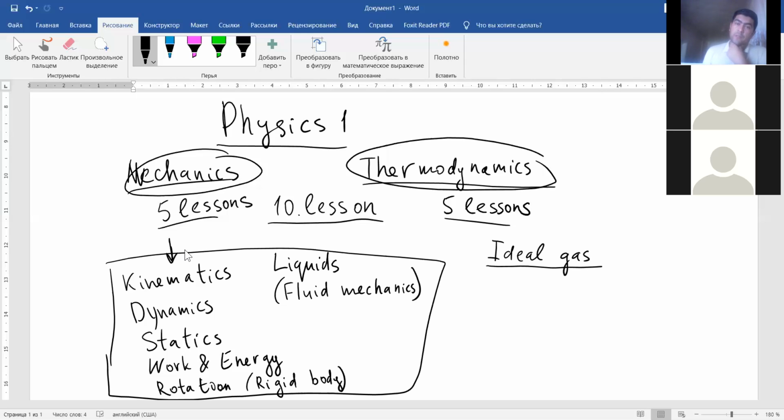Here we learn the equation of ideal gas, the equation of state of the ideal gas, the main equation for molecular kinetic theory, and then we learn the thermodynamics laws.